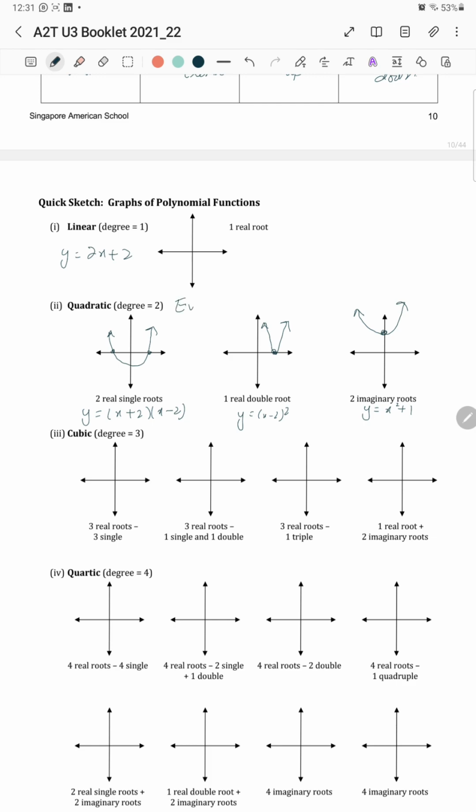A quadratic function is an even degree function. Cubic is an odd degree function. It has 3 single roots. Three single roots means, for example, (x plus 3)(x minus 1)(x minus 2). 3 real roots, one single and one double means this one is a double root, this is a single root.